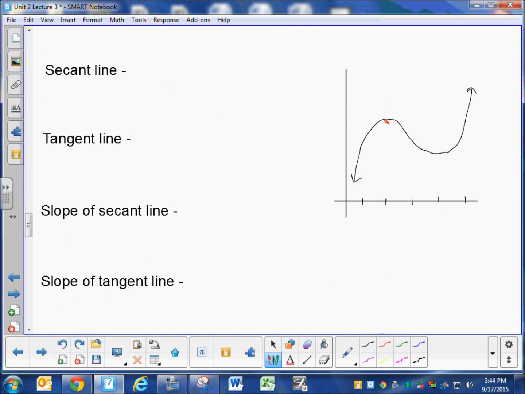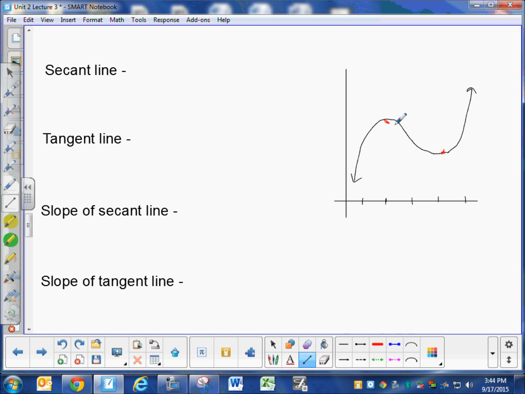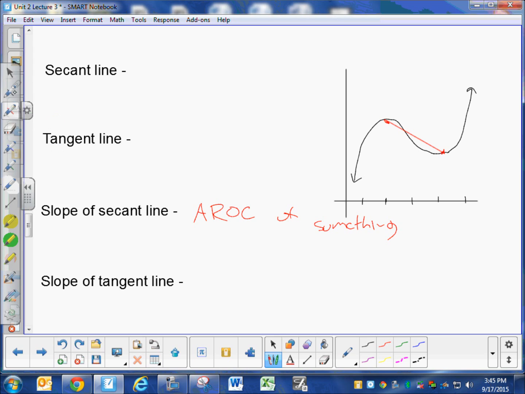Secant lines, we already discussed, connect two distinct points. The slope of the secant line gives you the average rate of change of your function, okay? Your tangent line is a line created by taking 2 points infinitely close together.